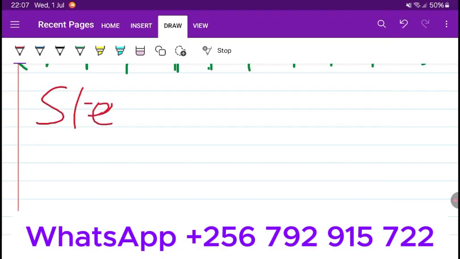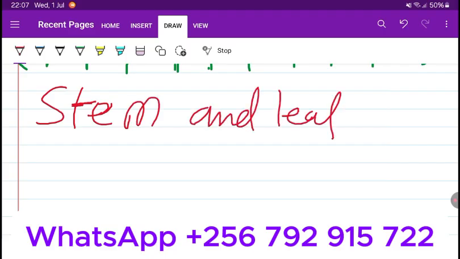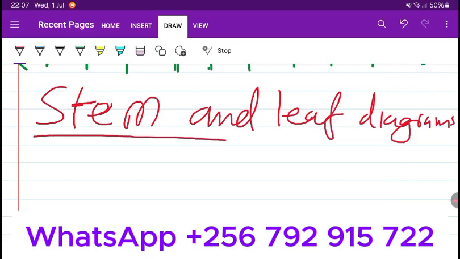It is called a stem and a leaf diagram, or stem and leaf diagrams. So we want to understand how I can represent data using a stem and a leaf diagram.